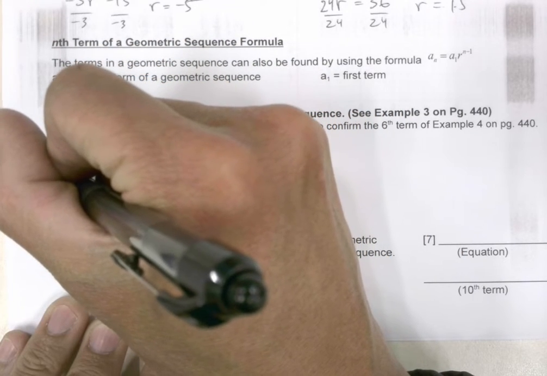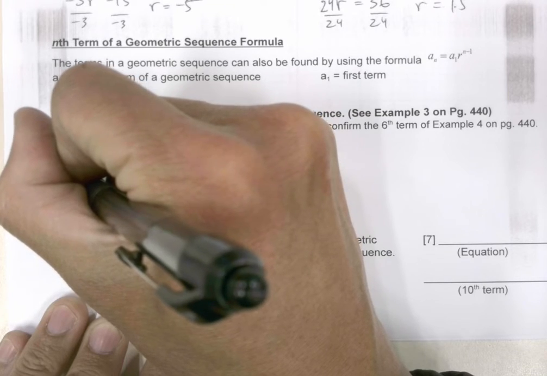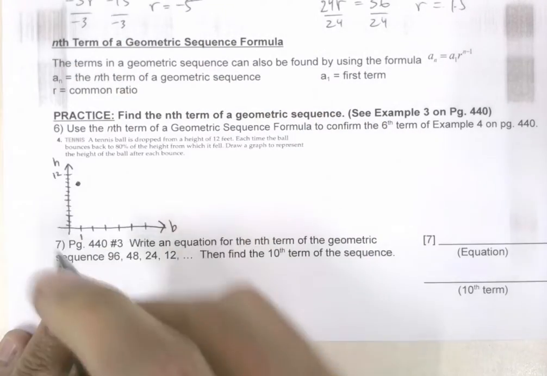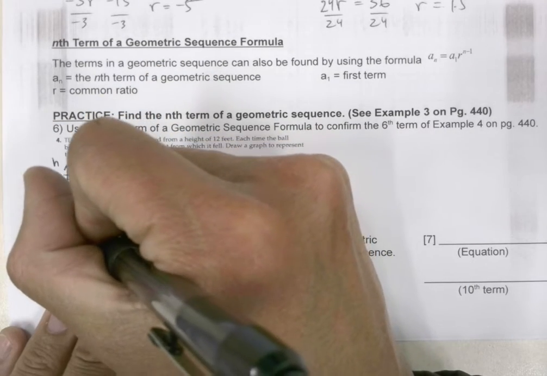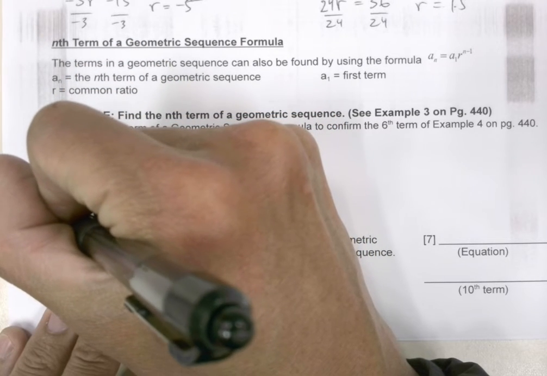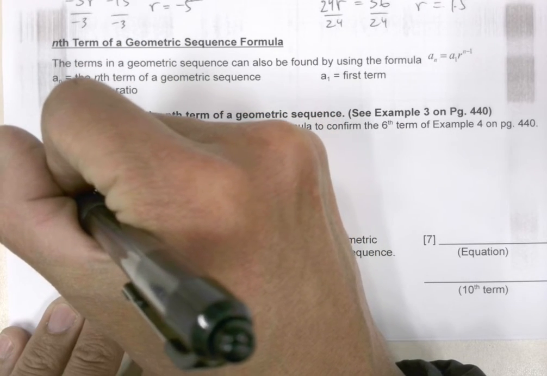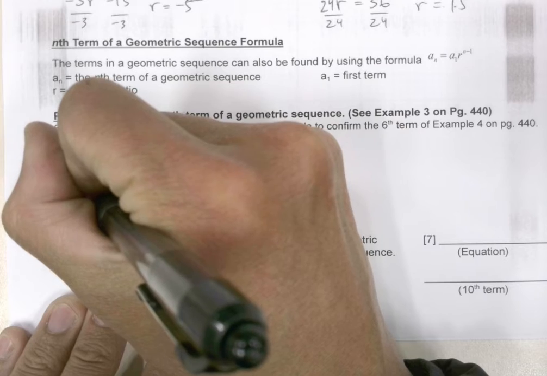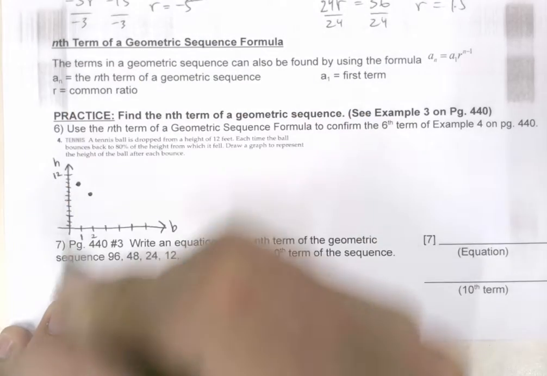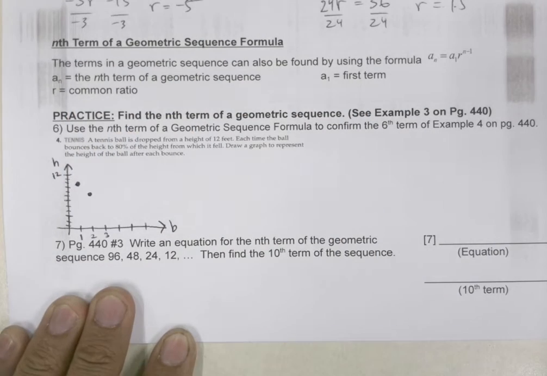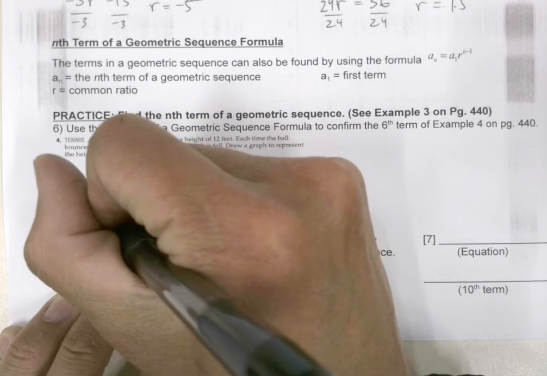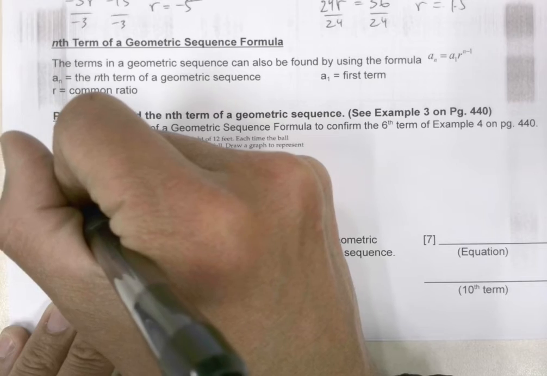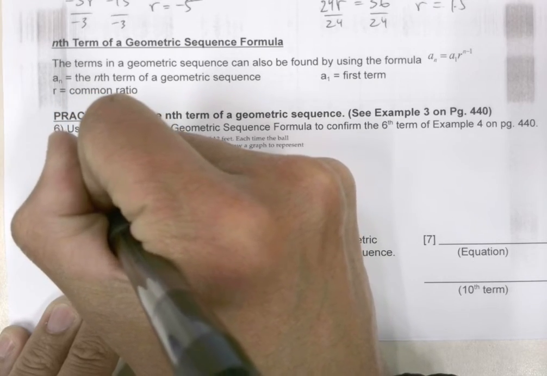At 2 bounces, we multiply that by 0.8 and we get 7.68, so that's right around there. And then at 3 bounces, we multiply that by 0.8 and we get 6.14, right about there.